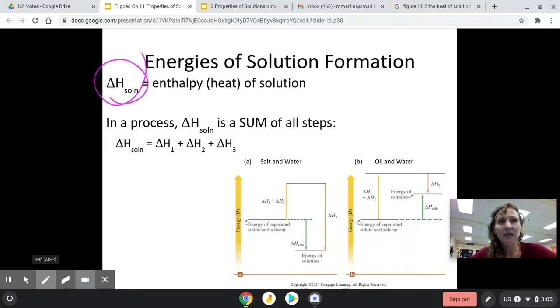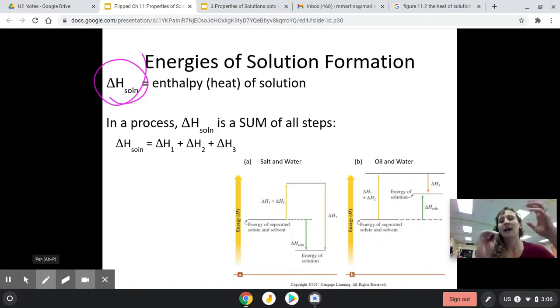Now we'll look at enthalpy in greater detail when we talk about our thermodynamics chapter, which is chapter 6. We'll also look at enthalpy of reactions in greater detail when we look at bonding in the bonding chapters. But for now, let me give you just a really brief intro.